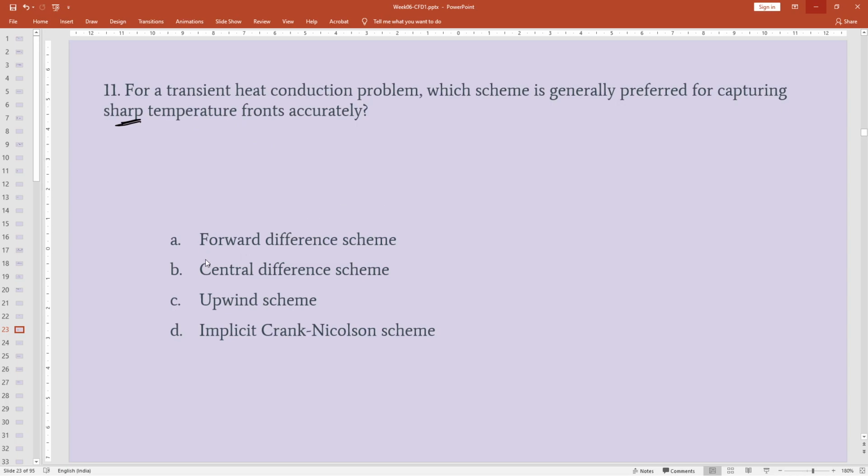Our options are: option A, forward difference scheme; option B, central difference scheme; option C, upwind scheme; option D, implicit Crank-Nicolson scheme. You can inbox your answers.